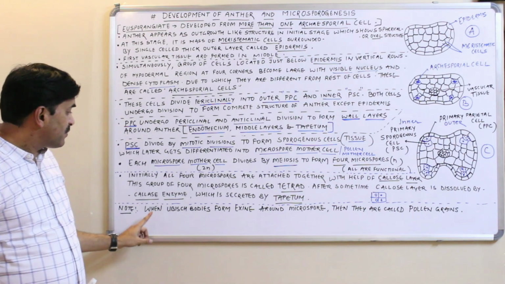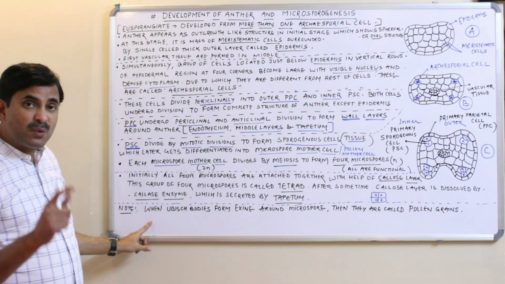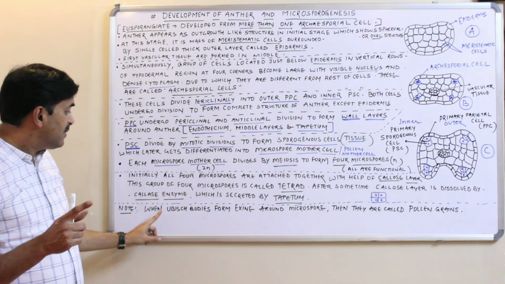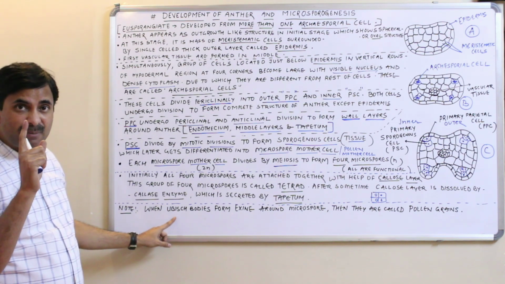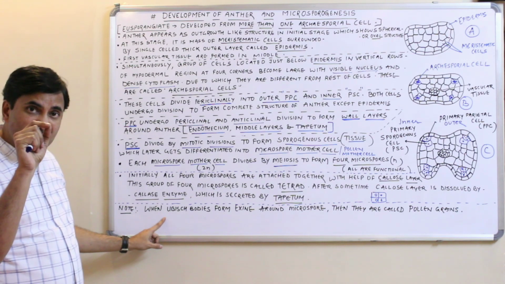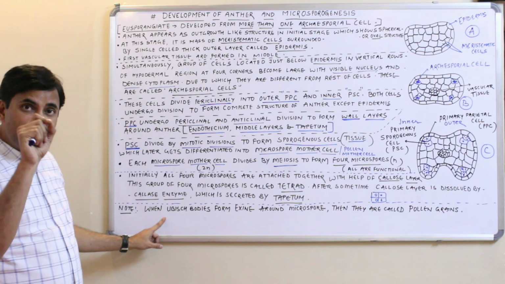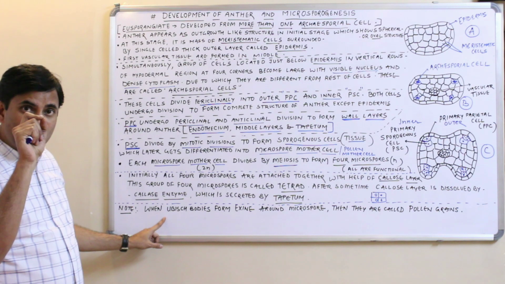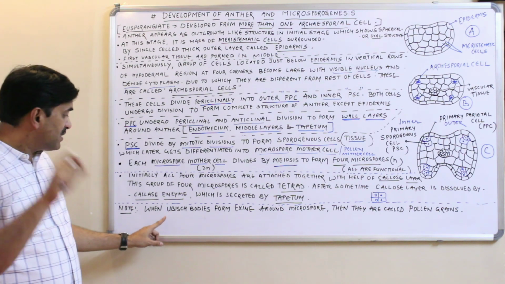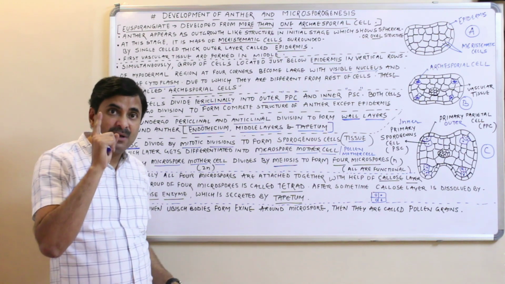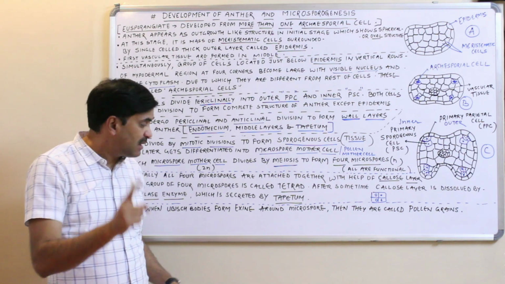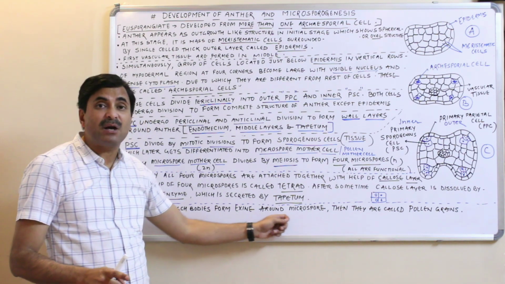And in the previous videos you know that Ubisch bodies are secreted by the tapetum. Ubisch bodies are secreted by the tapetum in the microsporangium or pollen sac, and they form the exine layer around the microspore.